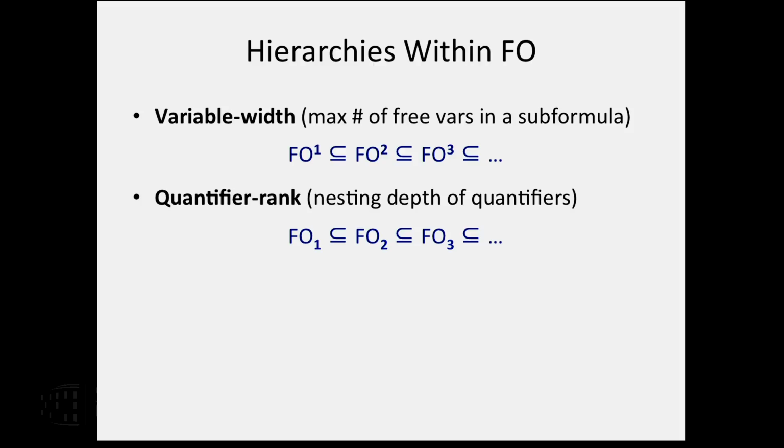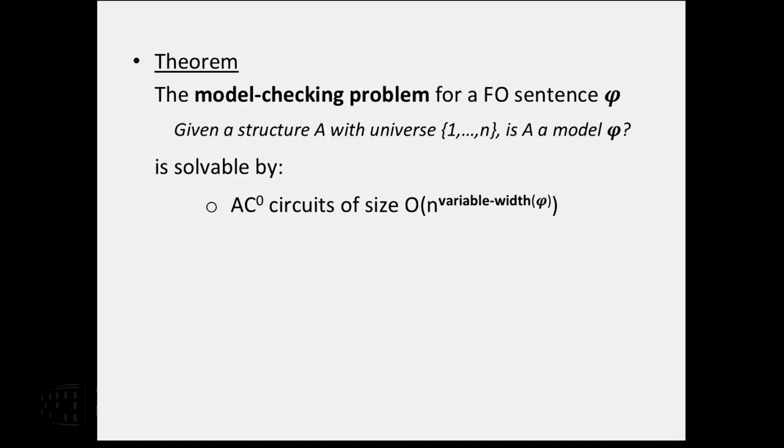Another complexity measure of first order sentences is quantifier rank. This is the nesting depth of the quantifiers in your formula. And these have very nice connections with AC0. So here's the basic theorem. You have a first order sentence phi.